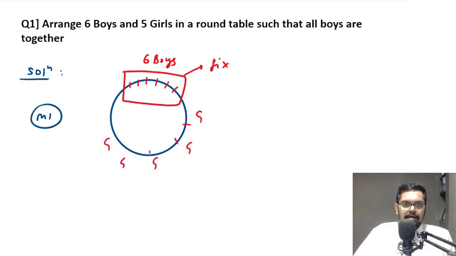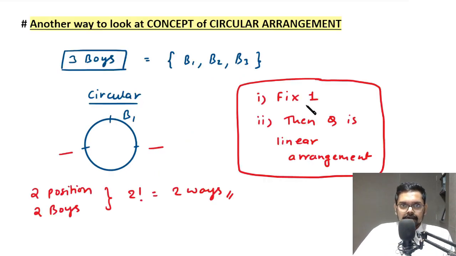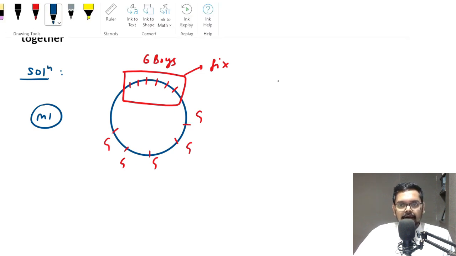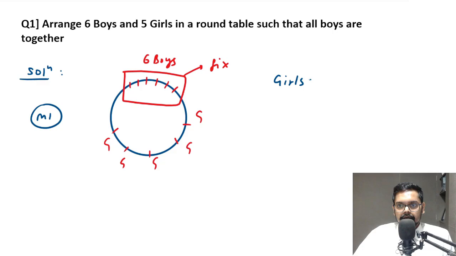Since I'm fixing the boys, once you fix 1 player, the question turns into the linear arrangement. So tell me, what is the answer? These girls have 5 vacancies and they are 5 girls. So as per linear arrangement, girls can be seated in 5 factorial ways.